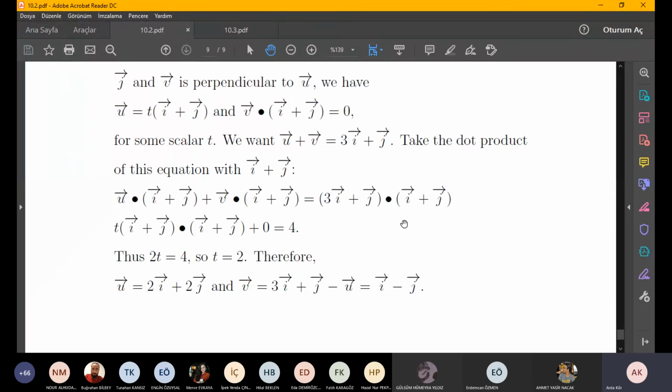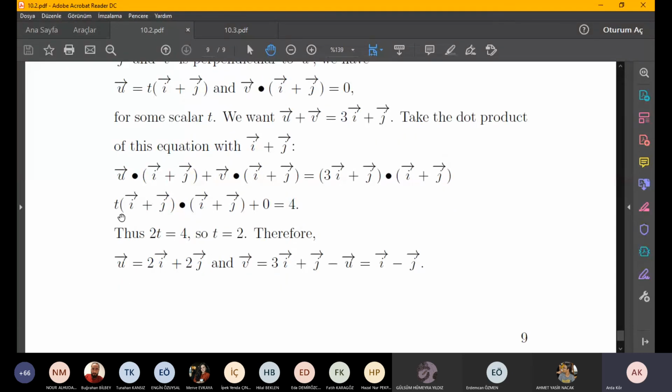That means t times 1 plus again t times 1 from the dot product will give you 2t.